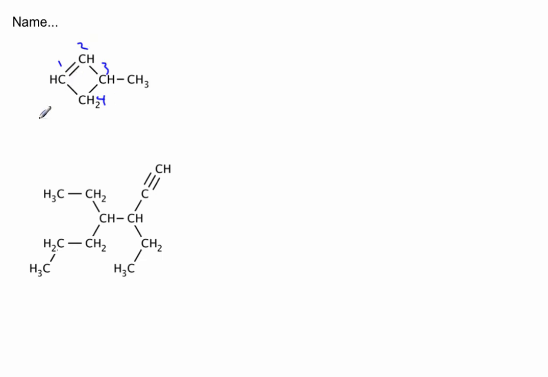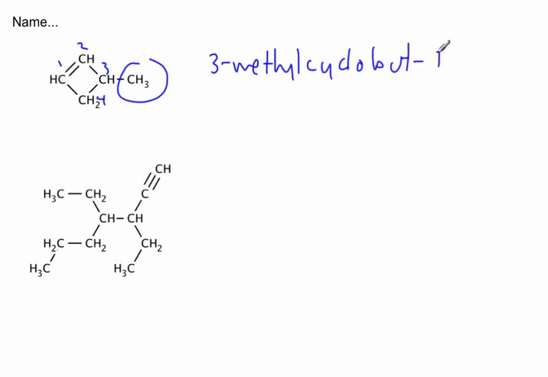So that still minimizes the bond, still on carbon 1. And the branch now is on carbon 3, so that's a better numbering system. And so on carbon 3 I have a methyl, so it's going to be 3-methyl cyclo, and it's a 4 carbon, but-1-ene. So carbon 3 has a methyl branch. It's a cyclic with a double bond starting on carbon 1.